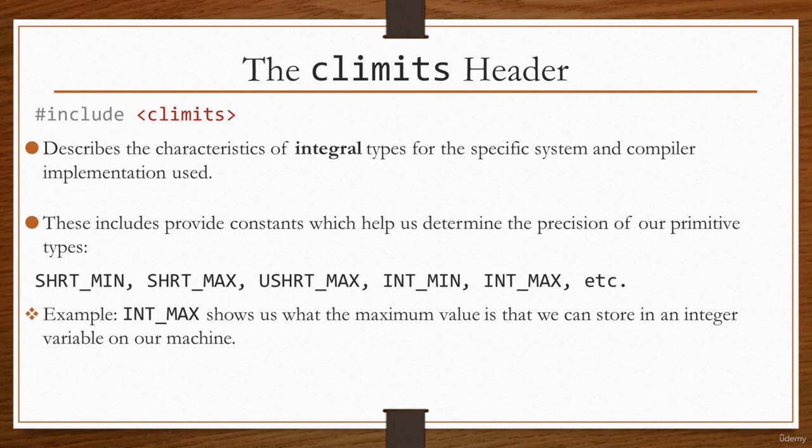You might have different precision values and a different range, for example. The includes also provide constants which can help us determine the precision of our primitive types, such as INT_MAX, which shows us the maximum value that we can store in an integer variable on our specific machines. We'll take a look at an example here shortly.